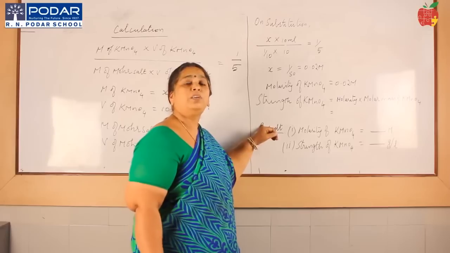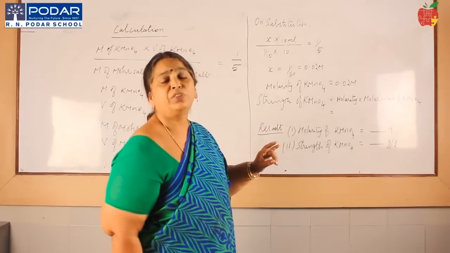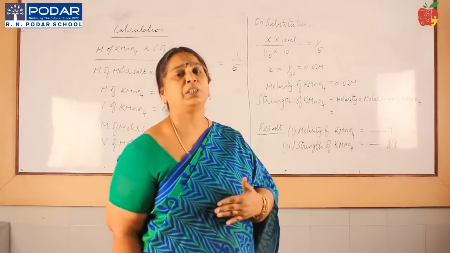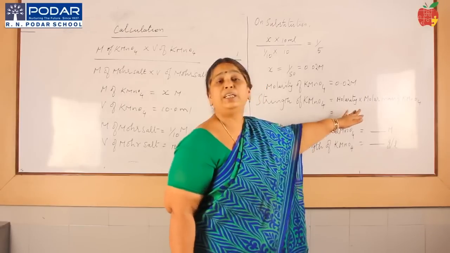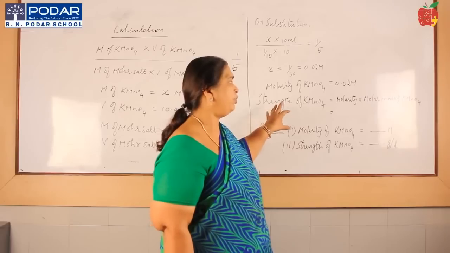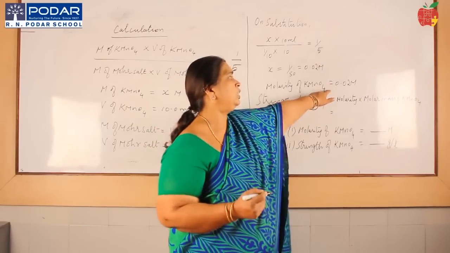Now we are not only asked to find molarity, we are also asked to find strength of the KMnO4 solution. What is strength? Strength is the amount of the substance present in 1 liter of the solution. So strength equals molarity into molar mass of KMnO4. Molar mass of KMnO4 is 158, and my molarity here is what?